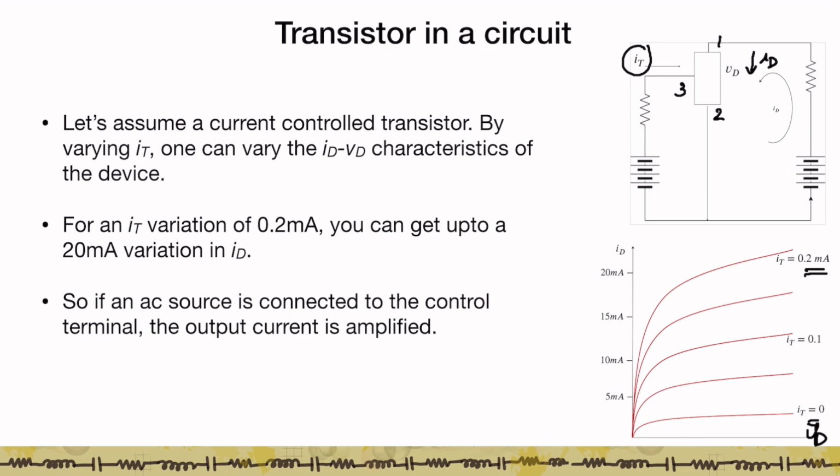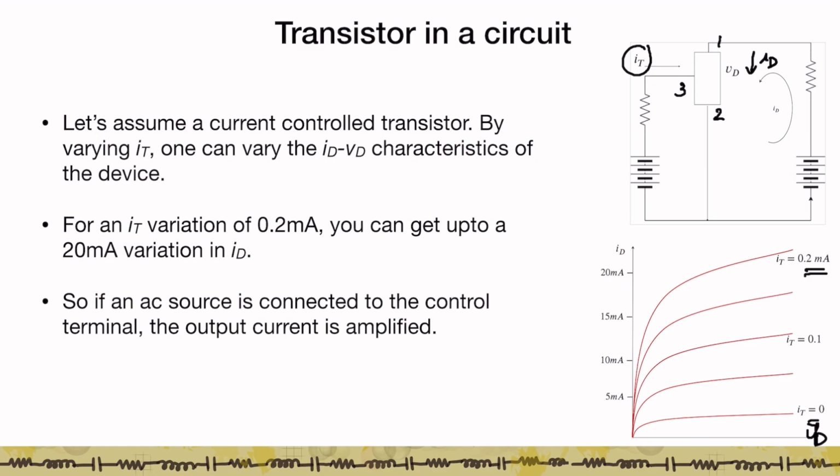So suppose I now think about a case where I have a small AC signal, a sinusoidal signal, connected to IT, connected to the control terminal. I expect my ID to show a signal which is going to have an amplification of roughly 10. What does that mean? I said 10 because when IT goes to 0.2, I'm getting roughly 20 milliamp current.